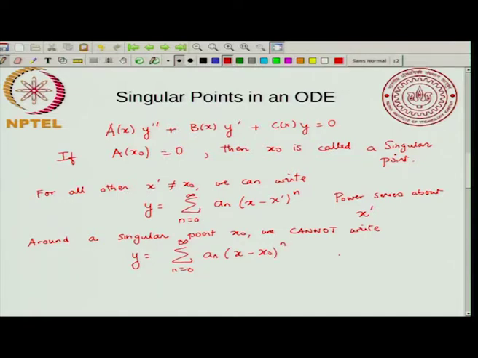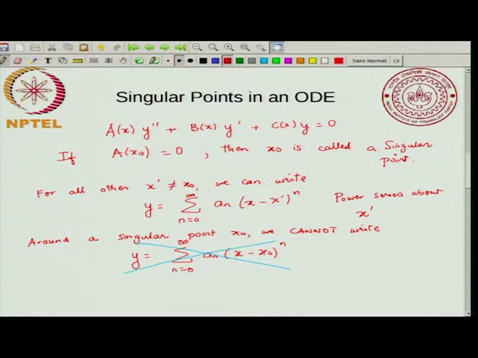So this cannot be written. You cannot write this about a singular point. If x0 is a singular point, you cannot write a power series solution about that. Now, what is a singular point? A singular point is where this a goes to 0.